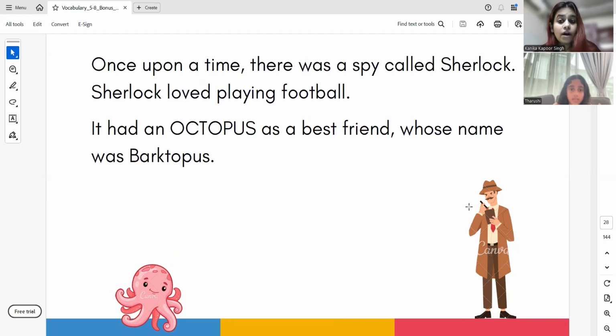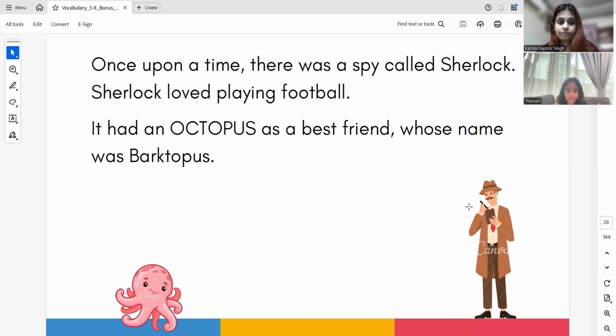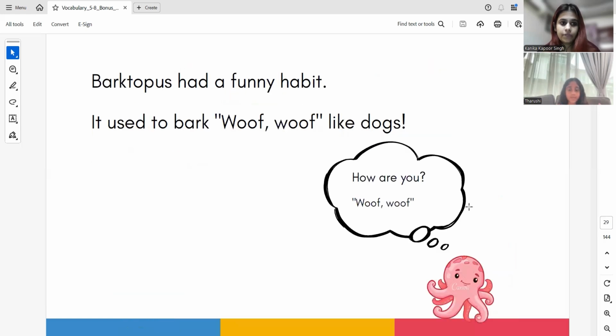What was the name of the friend? Barktopus. Yes. And what's the name of the spy? Sherlock. And what does Sherlock like to play? Football. Great. Barktopus has a funny habit.